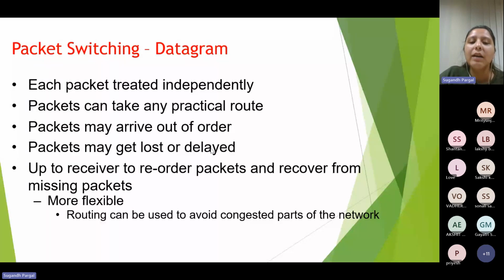Packets can also get lost or delayed if something happens to a particular switching node on their route. So it is up to the receiver to reorder the packets and recover from the missing packets. This approach is more flexible, as routing can be used to avoid congested parts of the network.